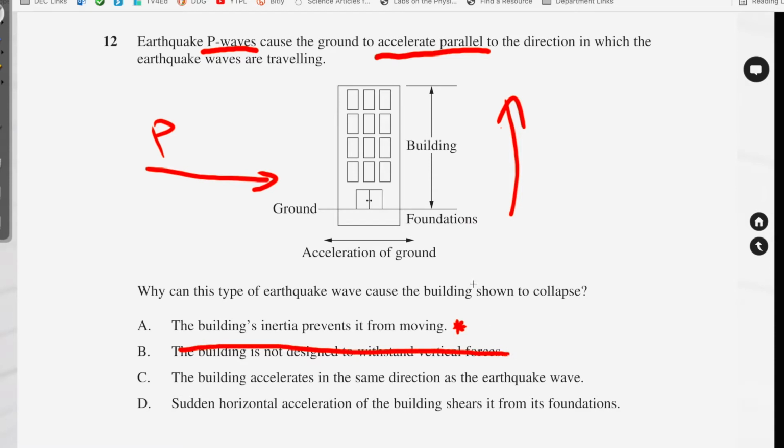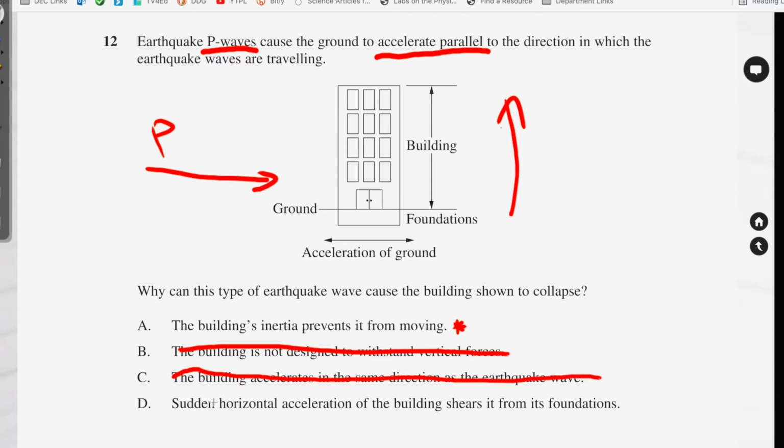C: the building accelerates in the same direction as the earthquake wave. That may be a true statement, but it doesn't necessarily mean that that's going to cause the building to collapse, because the building may actually be designed to do that. So we'll get rid of that one.